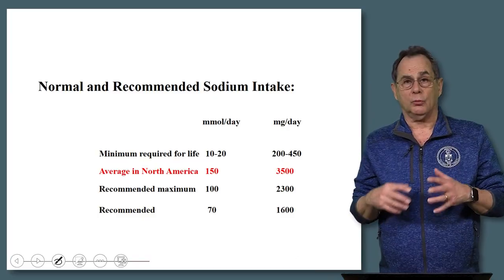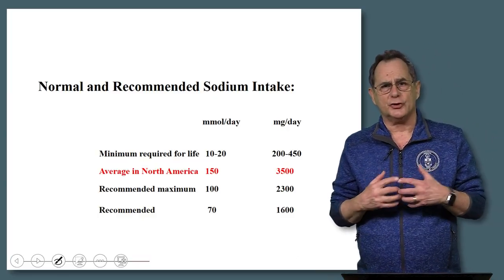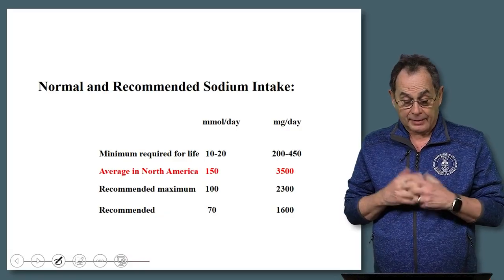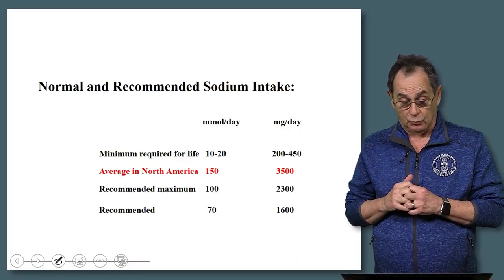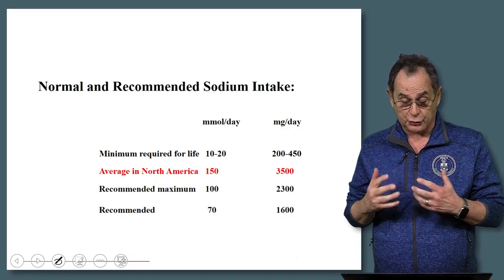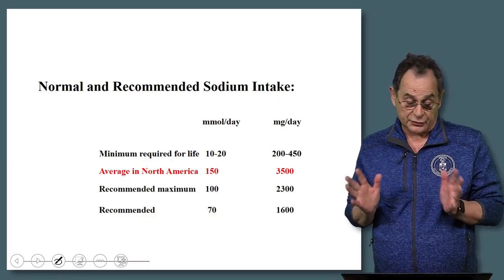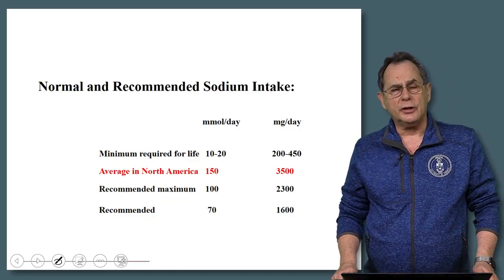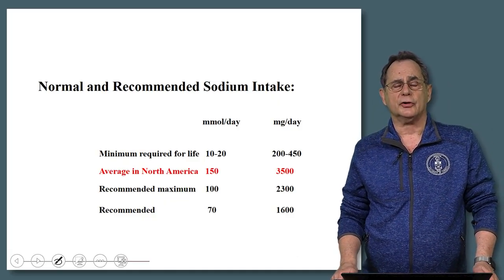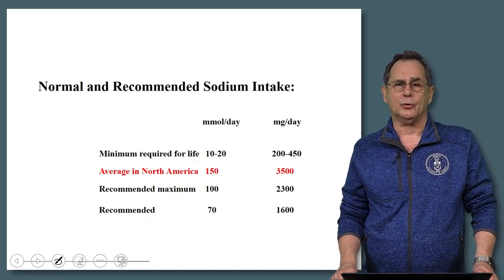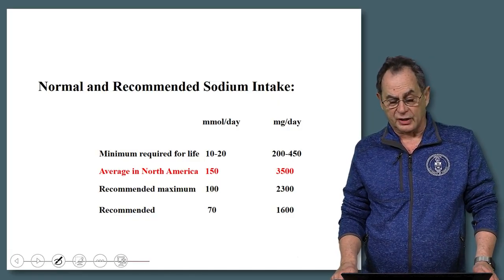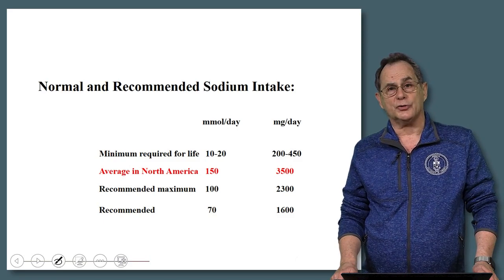In North America, and we're going to work with this number, the average sodium intake is about 150 millimoles per day. And the recommended maximum for health is closer to about 100 millimoles per day. And in clinical medicine we often try to restrict sodium intake, particularly in people who have heart failure and people who have high blood pressure, to between 70 and 100 millimoles per day.